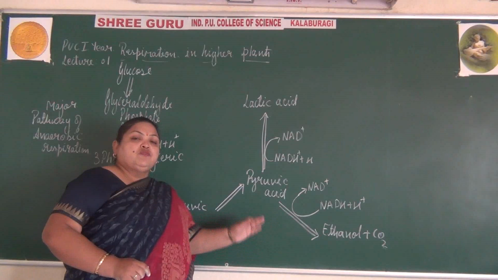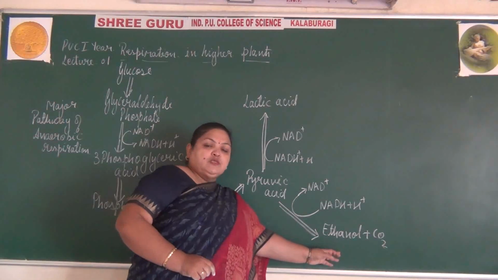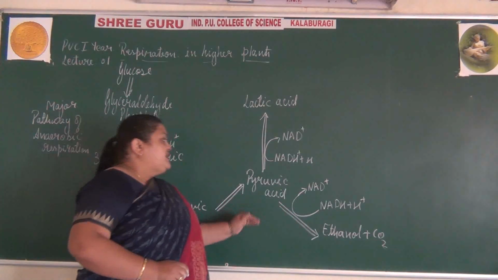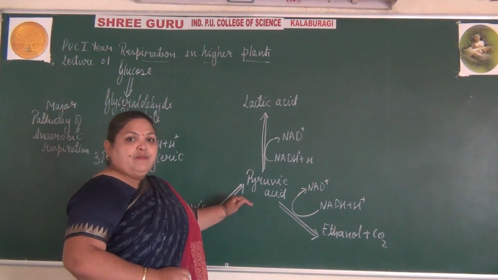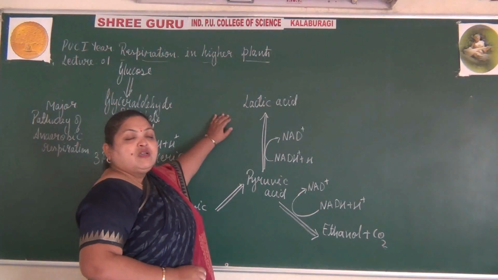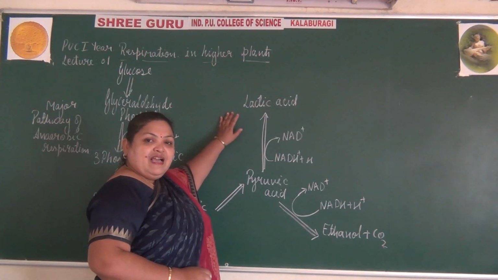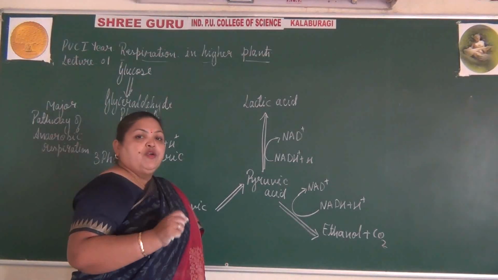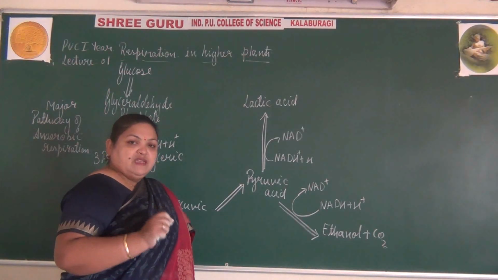If ethyl alcohol is formed, the process is known as alcohol fermentation. If it is conducted by bacteria, it forms lactic acid, and that is lactic acid fermentation.